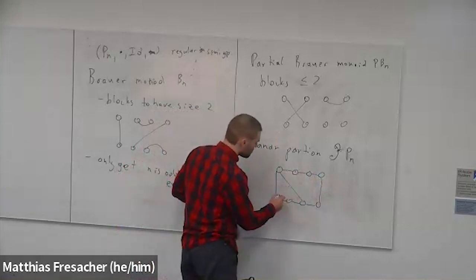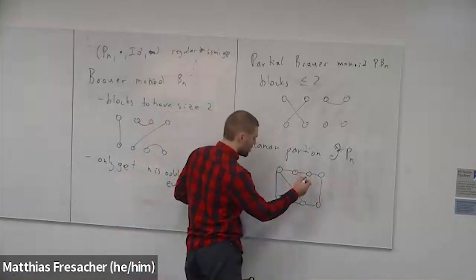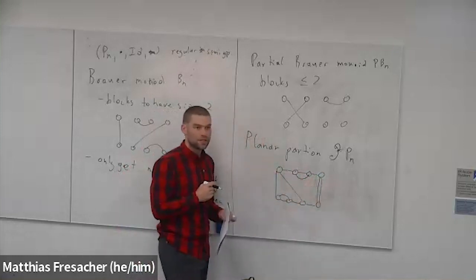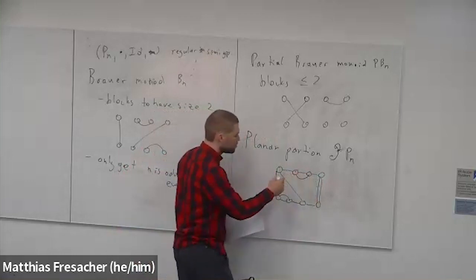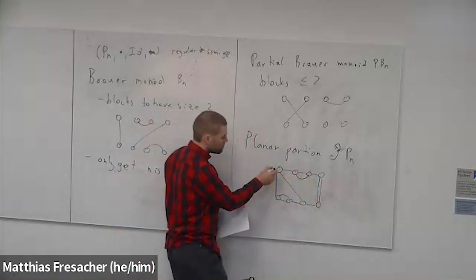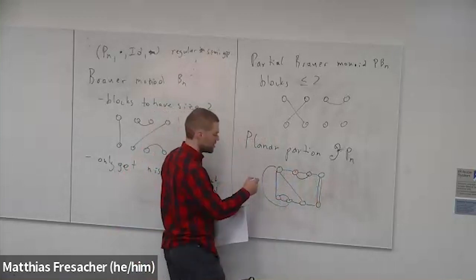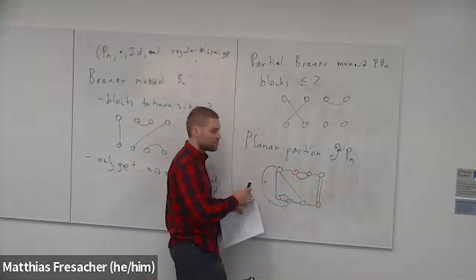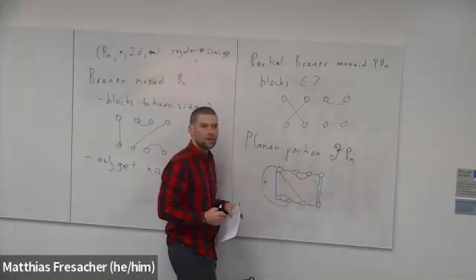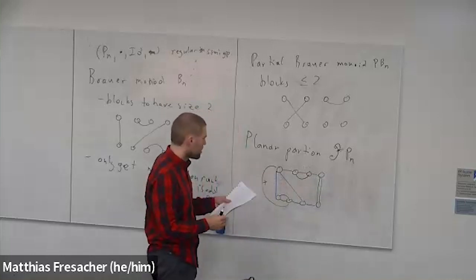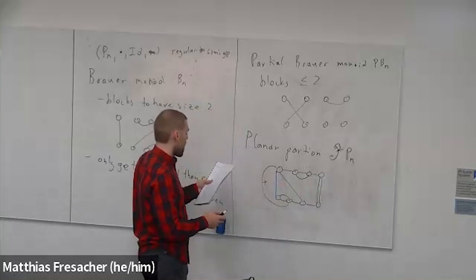So I can have something like this. Okay, so this would be an example. We wouldn't be allowed to do something like this, outside the box, that's not allowed. It really has to be inside of that box, those vertices.